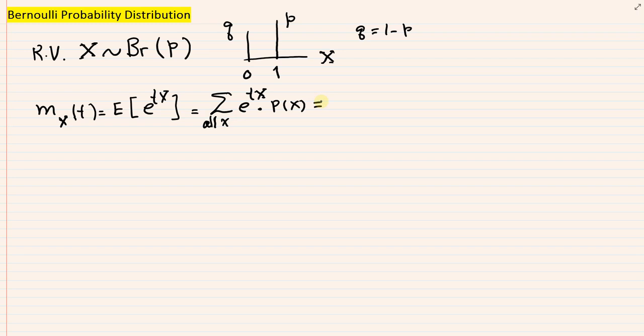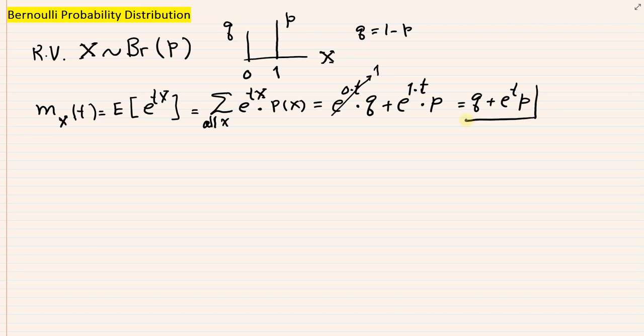So for this work, we can now choose the values. X is 0, so it's going to be e to the 0 times t, times the probability of failure, which is Q, so I multiply by Q, plus e to the 1 times t, times the probability of success, which is P. Okay, e to the 0 is 1, times Q is Q, and the next term would be e to the t times P. Now, if I think of Q as 1 minus P, we can write it that way, but we can leave it in this form.